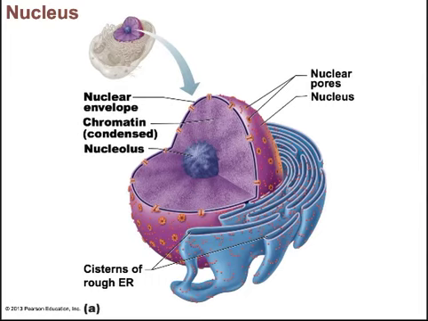The purpose of the nucleus is to store the chromatin, but also to allow a method for materials to get in and out of the region where the chromatin is located, even if they are of a significant size.